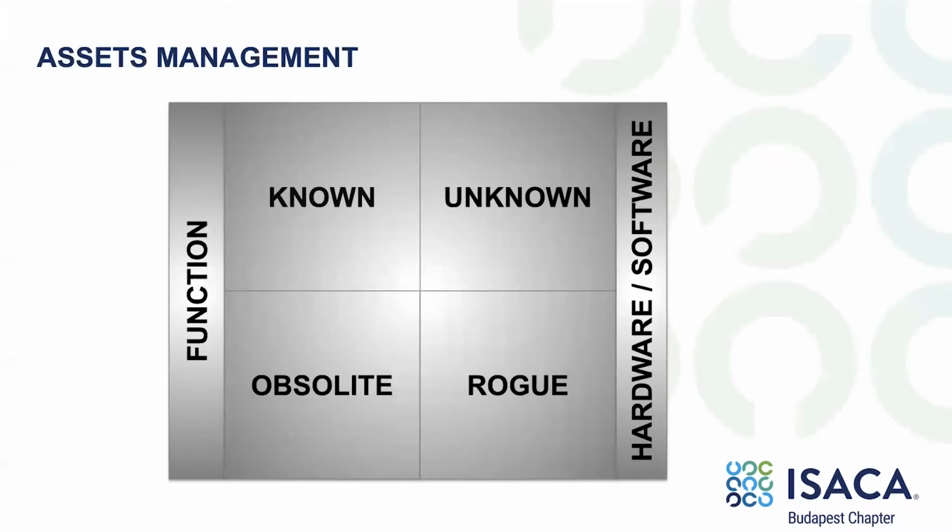To make the asset inventory properly, we need to identify all the assets that we have in our environment. The known are those which are managed and have their owners, business and technical. Unknown is the infrastructure elements that are in use but with no clearly assigned ownership, usually not properly managed.